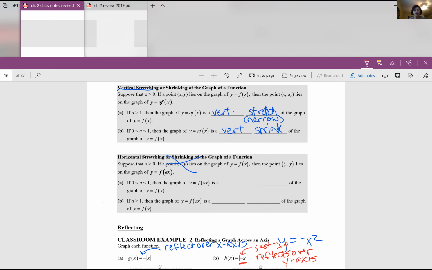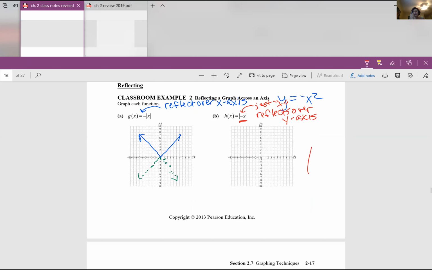We're also going to look at reflections. That's going to be if you see a negative sign that shows up right after the equal sign. That's going to tell you that the graph will reflect or flip over the x-axis.